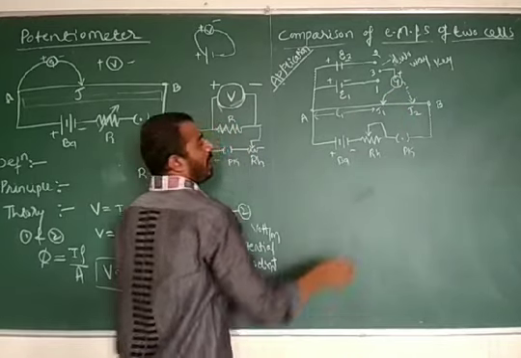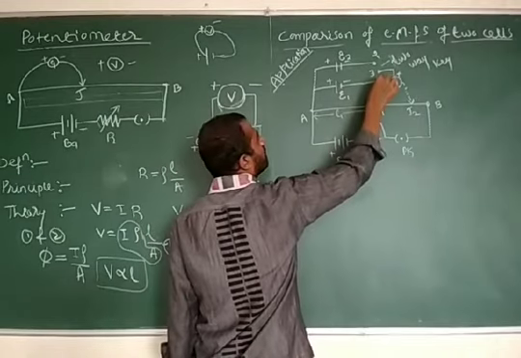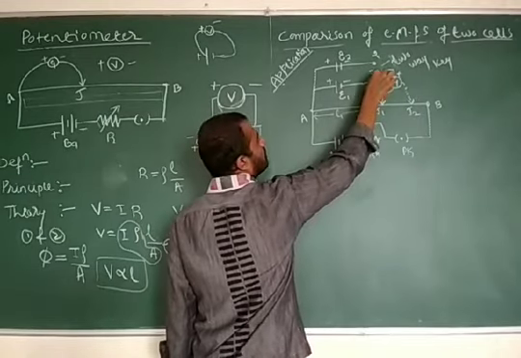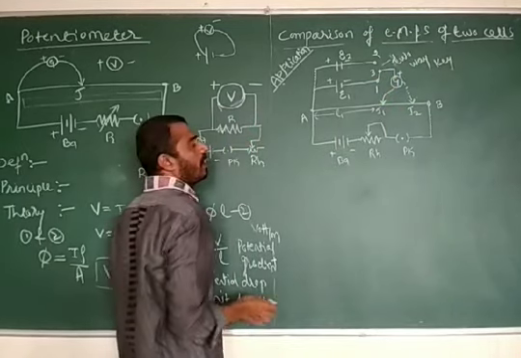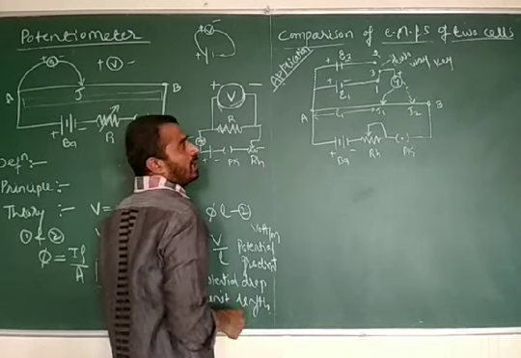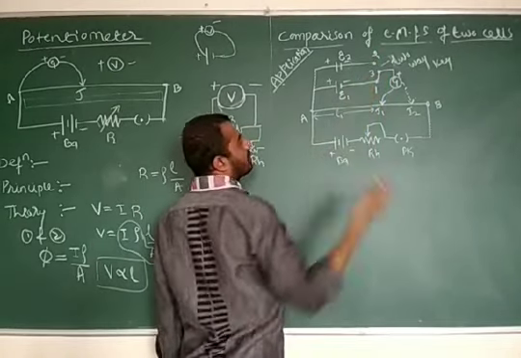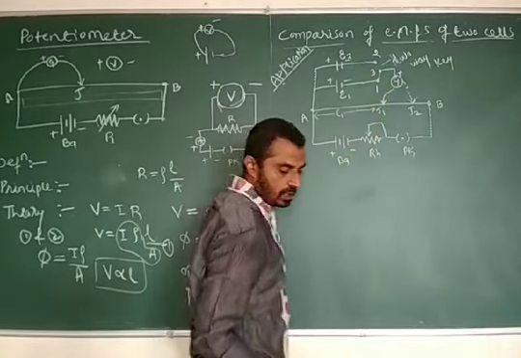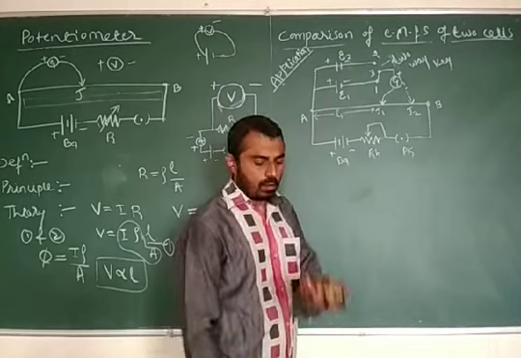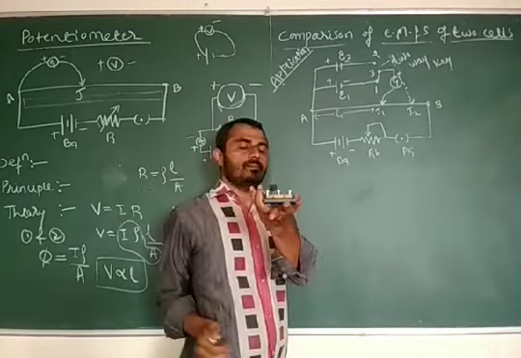Now, on plugging this key and closing one of the keys, if I close 1 and 3, as I have shown you, I can make one of the cells active.